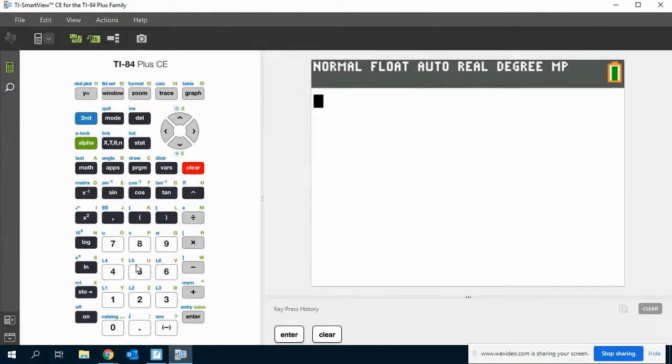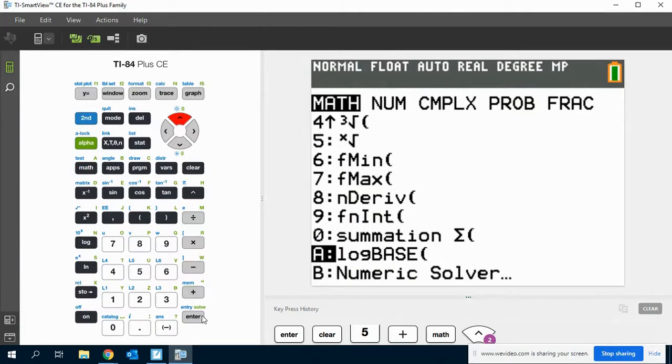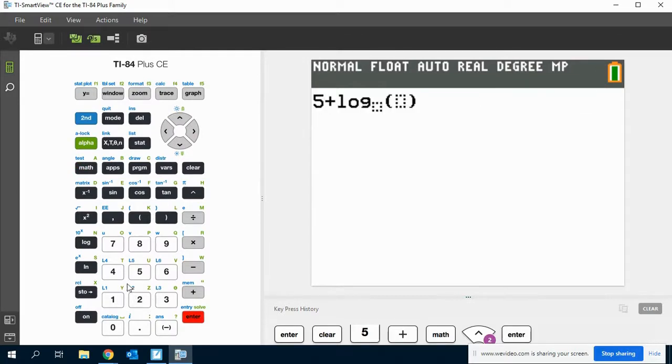I'm just going to practice typing the last two answers into the calculator just to make sure that we know what we're doing. So 5 plus, I'm going to hit the math button and go to log base. So log base 7 of 3. And then I have to divide that whole thing by 4. I can do this in a variety of different ways.